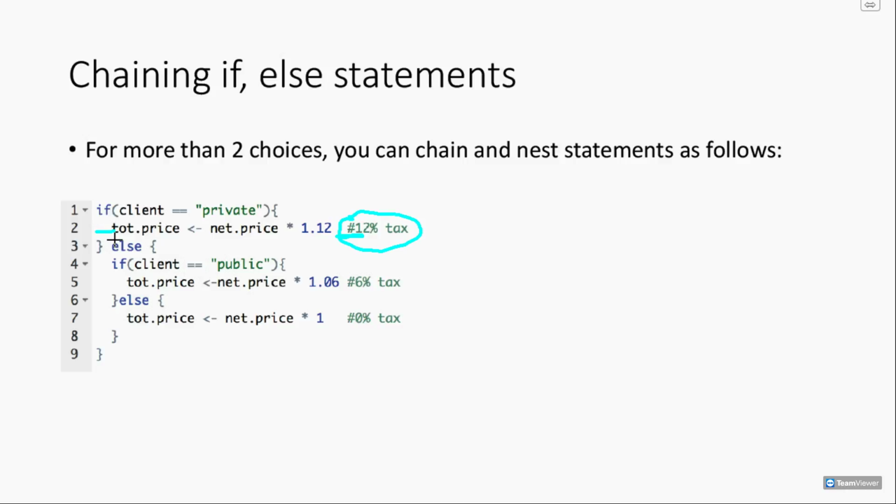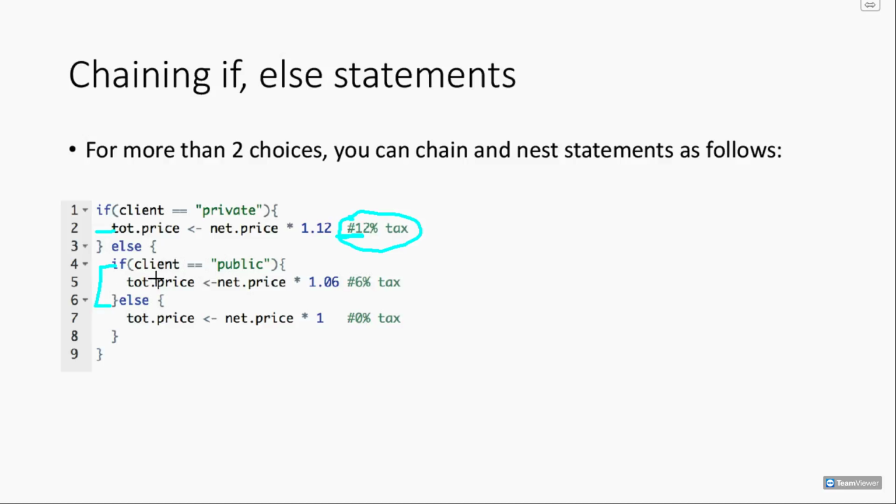So let's get back to the code. You are giving a particular line of code that has to be executed if the client value is private. If it's not private, then you come to the else part of the code. So why is this if else statement necessary?